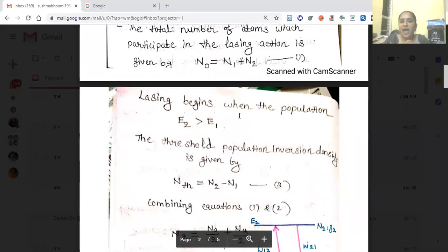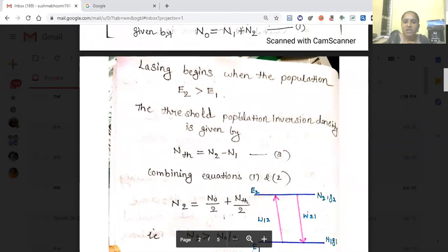But for the lasing action to begin, the condition is that the number of atoms in the E2 state should be greater than the number of atoms in the E1 state. So the threshold population inversion density is given by n threshold equal to N2 minus N1.